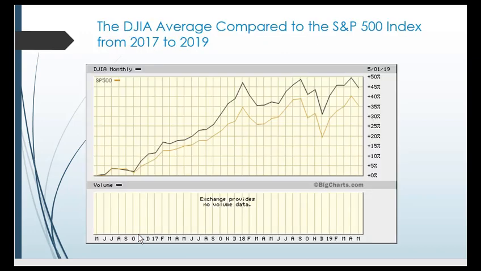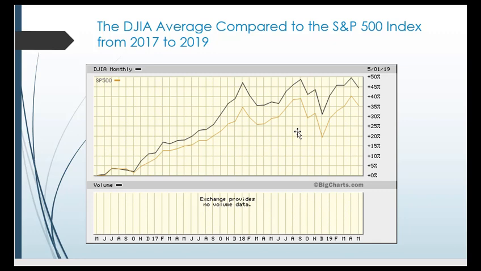Now, if we switch that to 2017 to 2019, we see that it has switched a little bit. The slopes are pretty close together, and of course they do move in conjunction with each other, but now, over this 3-year period, the Dow Jones is performing better than the S&P 500.